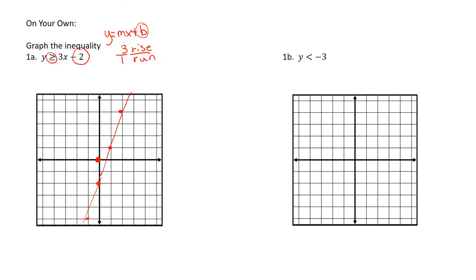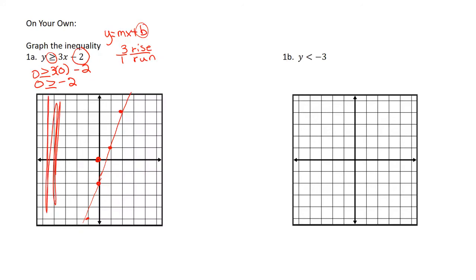So in place of my y, I'm going to have 0 greater than or equal to 3 times 0 minus 2. So 0 is greater than or equal to, that makes 0, minus 2 is -2. So indeed, 0 is greater than negative 2. So our instinct that told us that y would be on this side greater is correct.